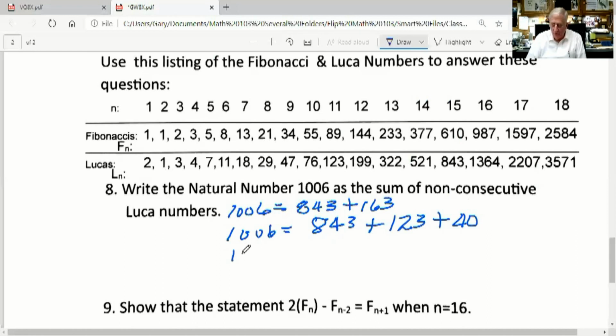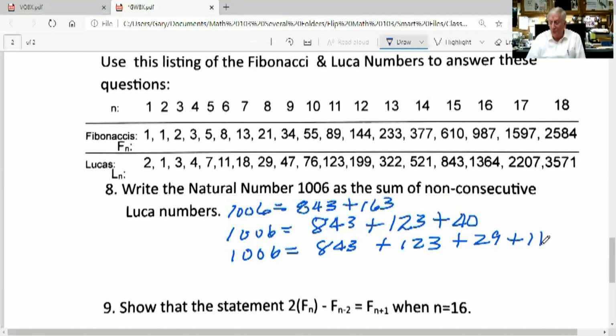So I go to 1006 equals 843 plus 123. And my closest Lucas number that's smaller than 40 is 29. How much am I missing 40 by? I'm missing it by 11, right?